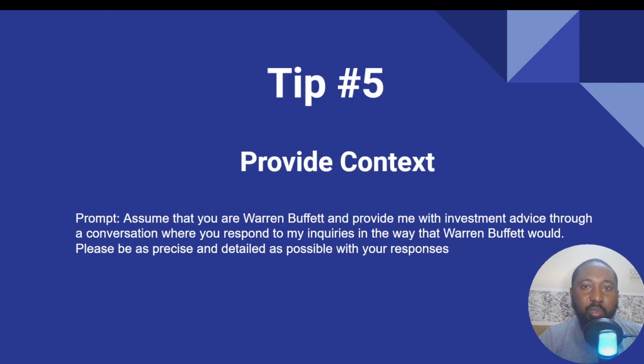So the fifth tip is that you need to provide context to ChatGPT. If it understands better what you're talking about, then it will be able to provide answers in a better form.